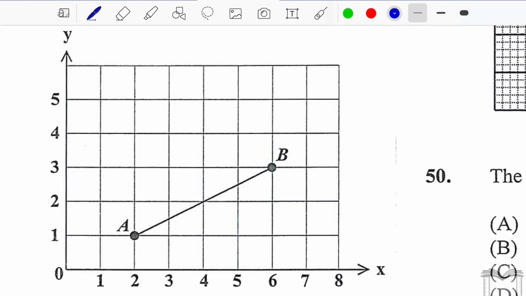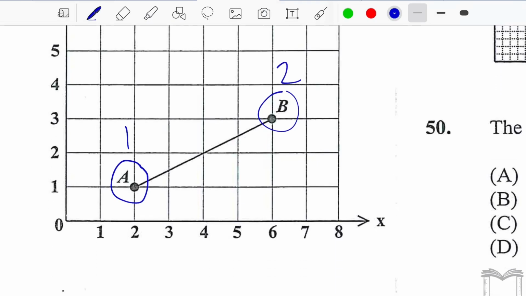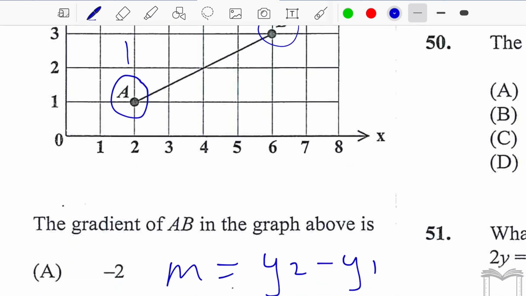So we can read those values off of the graph. So it actually doesn't matter if we start with using A as point 1 or B as the second point. It doesn't matter.